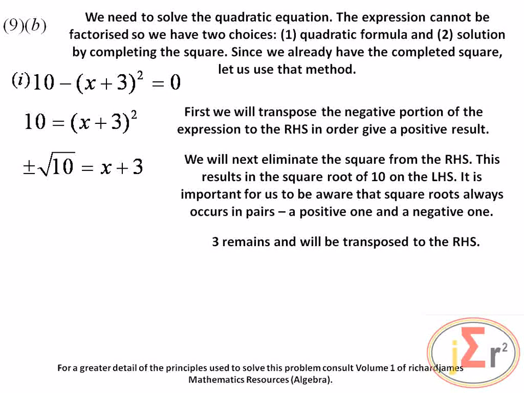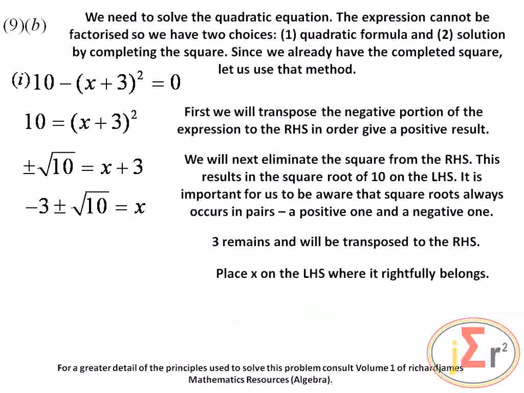Need x to be alone? 3 remains and will be transposed to the right hand side. Of course, that is as a negative 3. So x is equal to negative 3 plus or minus the square root of 10, and the square root of 10 is found to be 3.162.